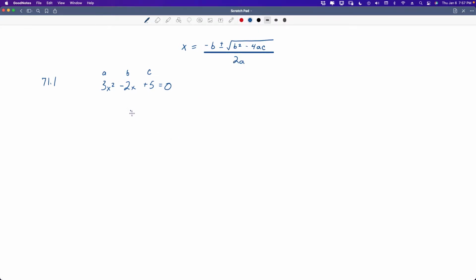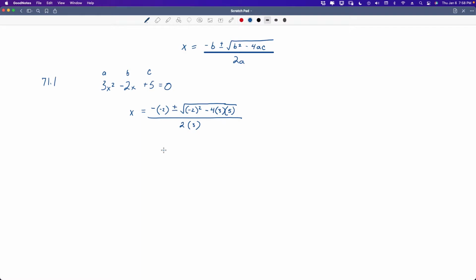So what we do is we say that x is equal to negative b, and b is negative 2, okay, plus or minus the square root of, all right, there's that b value again, squared, minus 4 times a, which is 3, and c is 5, okay? All of that is over 2 times 3.